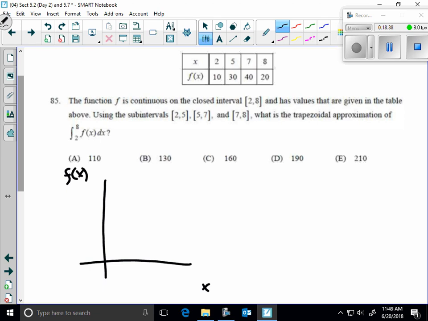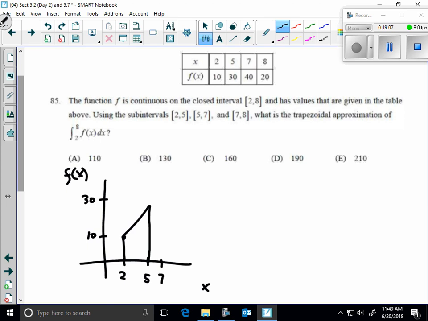So we're going to go from 2 to 5. We're not starting at 0, so 2 to 5. And we've got an f of x value of 10 at x equals 2. We've got an f of x value of 30 at x equals 5. Okay, so I got my first trapezoid there. What is f of 7? Okay, so up to 7.